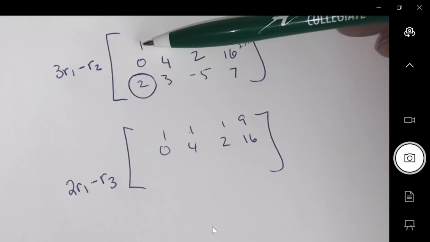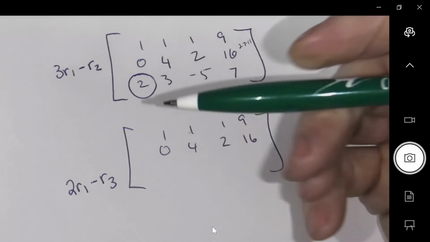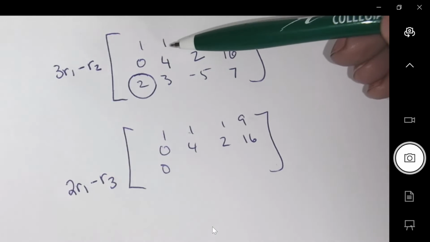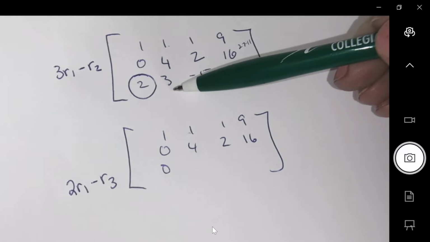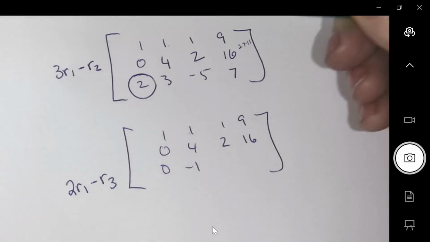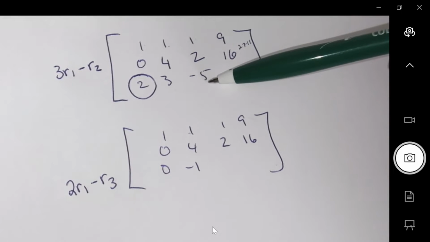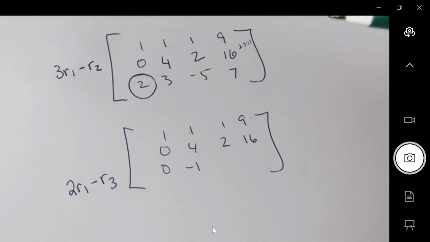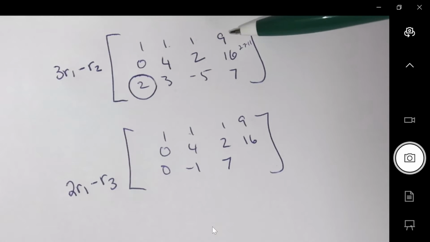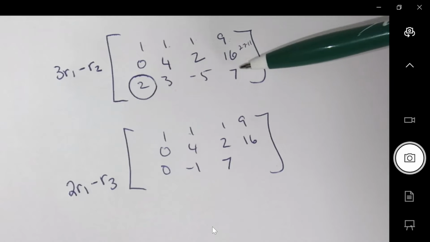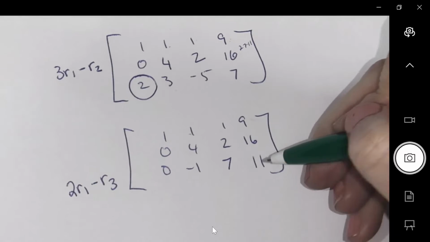Okay, so here we go. 2 subtract 2 is 0. 2 subtract 3 is negative 1. 2 subtract negative 5 adds the 5, so 7. And 18 minus 7 is 11.